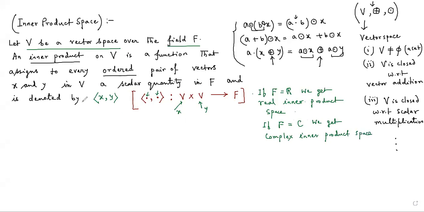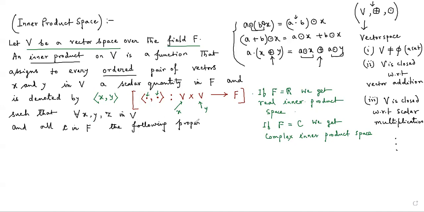Now, what are the properties? This is the notation for denoting the inner product between two vectors. It will satisfy certain properties, such that for all x, y, z in V, and all c in F, the following properties hold.